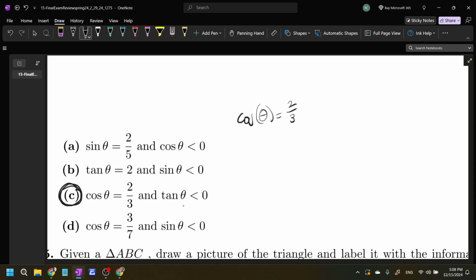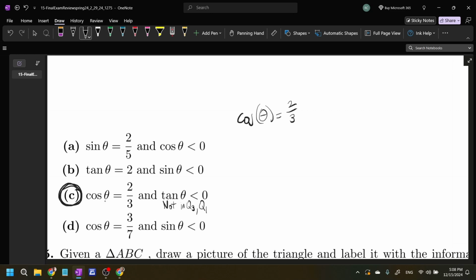So they're saying it's not in quadrant 3, because in quadrant 3 it's positive. That's the clue they're giving us here. It's also not in quadrant 1, because tangent is positive in quadrant 1.